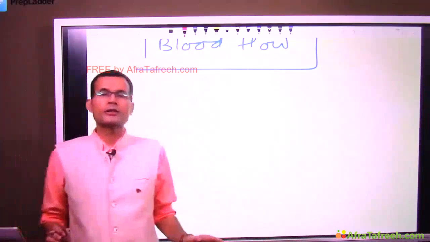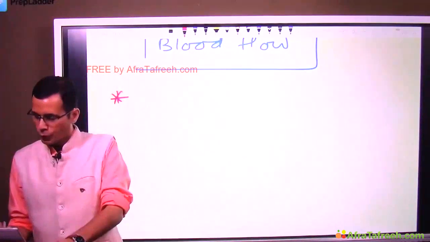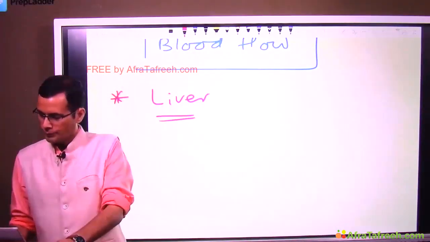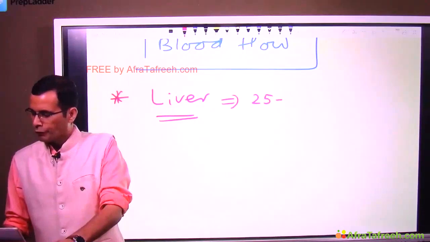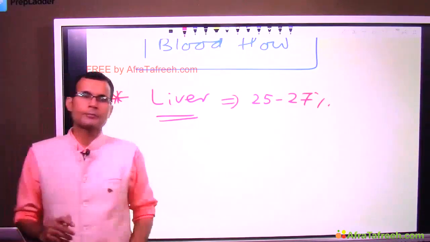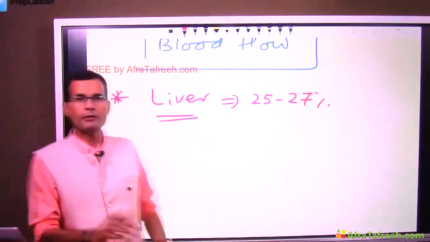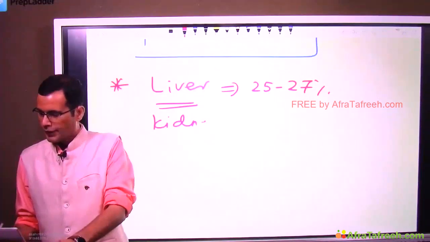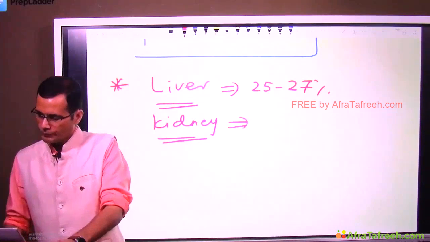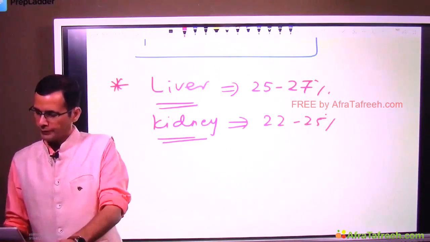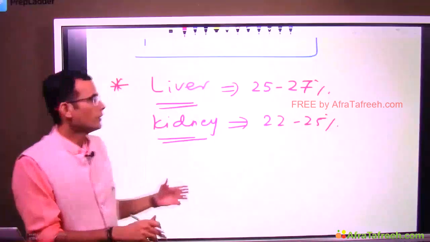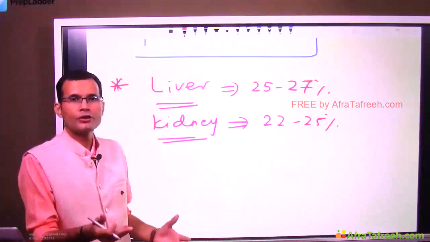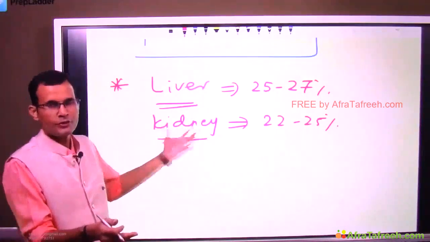So the largest amount of blood flow goes to the liver, 25 to 27%. That's the hepatic blood flow. Second best is kidney, 22 to 25%. So these are the two organs which receive the greatest blood flow.